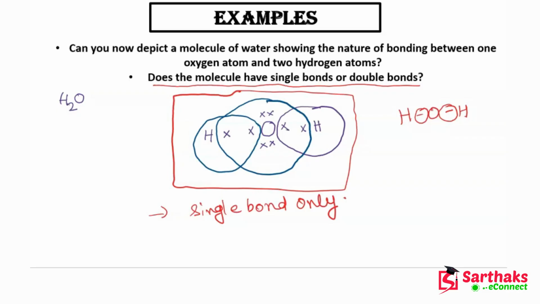I hope guys by this example the concept of what a covalent bond is will be clearer. Now let's move on to the next slide and talk about covalent bonding in other elements as well.